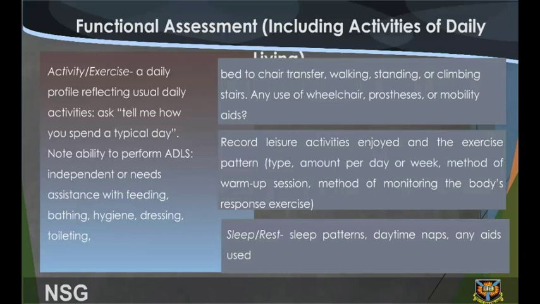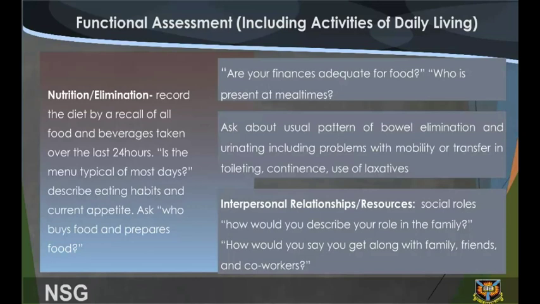Sleep or rest: sleep patterns, daytime naps, any aids used. Nutrition and elimination: record the diet by a recall of all food and beverages taken over the last 24 hours. Is the menu typical of most days? Describe eating habits and current appetite.